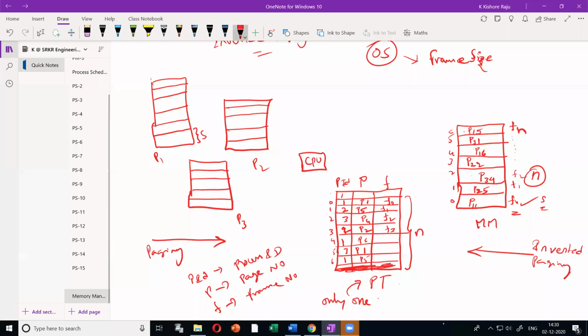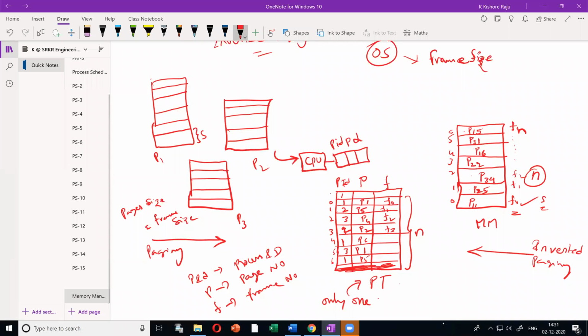So now the processes are divided into pages, but the page size is equal to the frame size. Is that clear? So now what will the CPU generate? It will generate three parts: PID, page number, and offset.